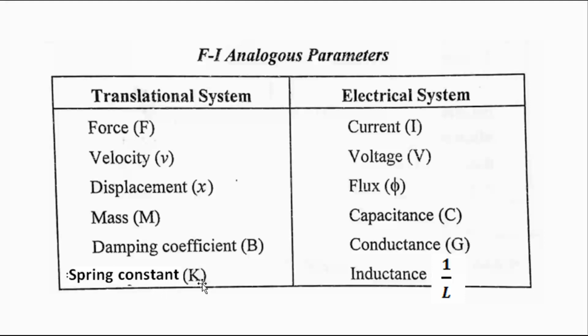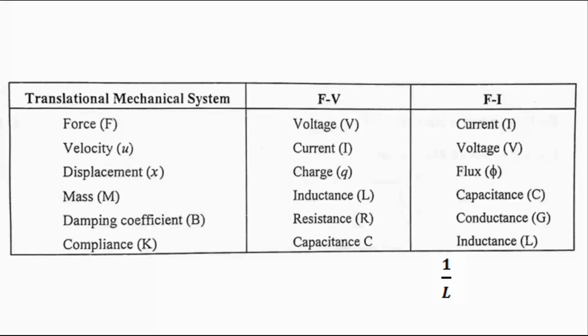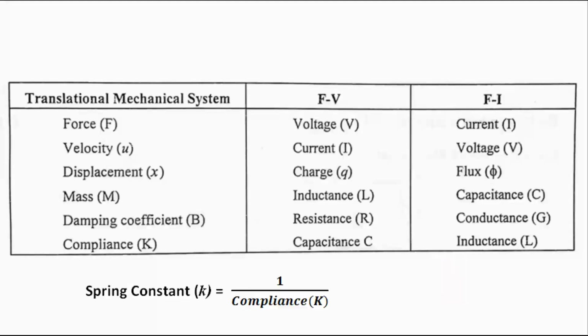Then coefficient of spring K, here inductance. These are the analogous terms, force current analogous. This is important. Now both force voltage and force current analogous are tabulated in a single tabular column. If these letters are known, we can easily calculate or simplify the analogous system.